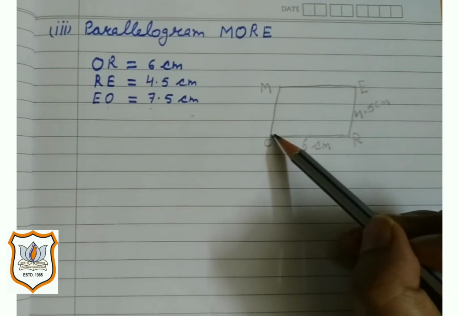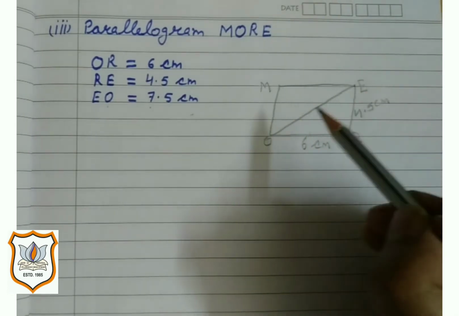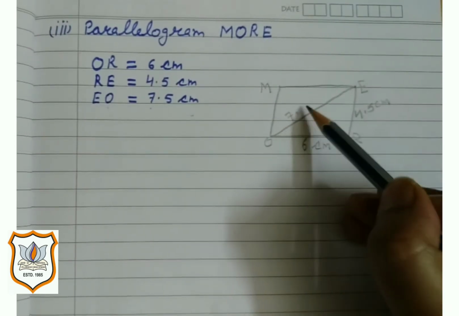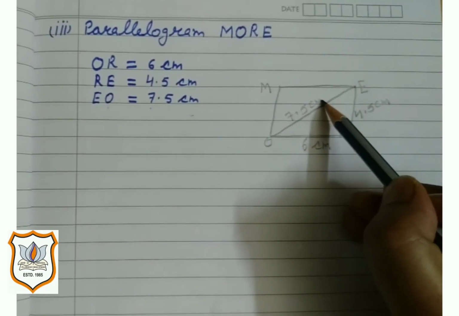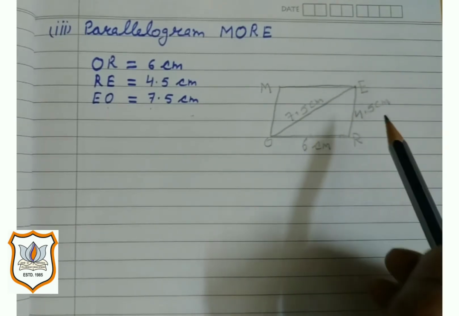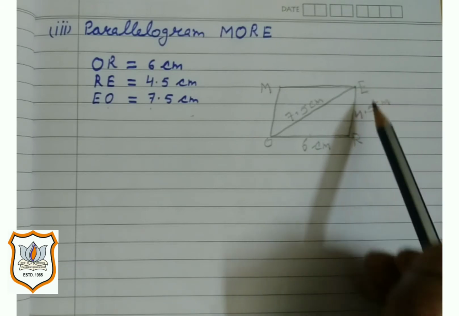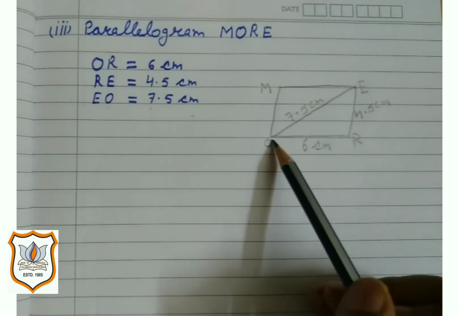We join O and E. This is 7.5 centimeter. Clear? Opposite sides are equal in a parallelogram. So ER is equal to MO.